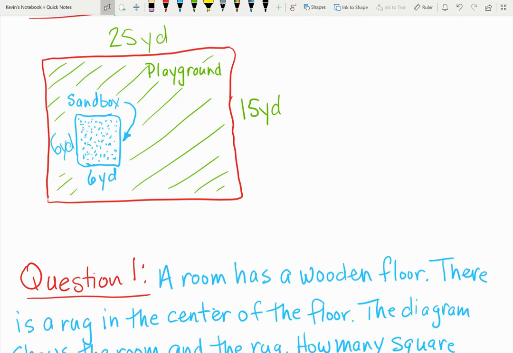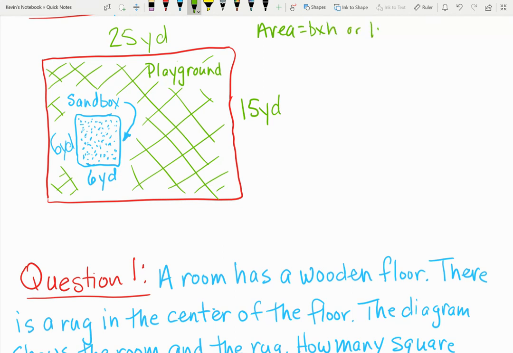That's just telling me I need to find just the amount of grass needed for this area here for the playground, the sod, but not the sandbox. So we're not going to look for the sandbox. So how do I do this? Well, the first step you need to do is remember your formula for finding area. Area is base times height or length times width.